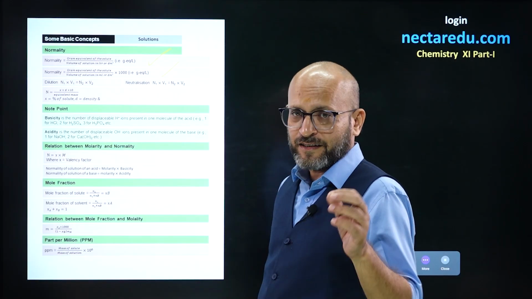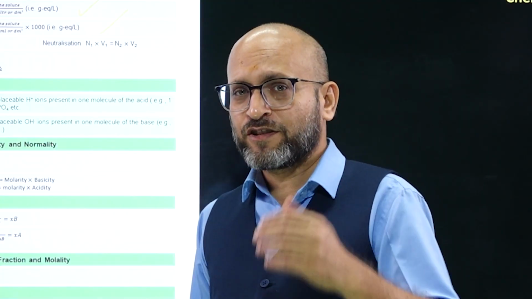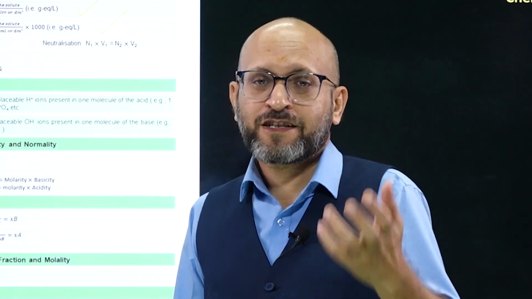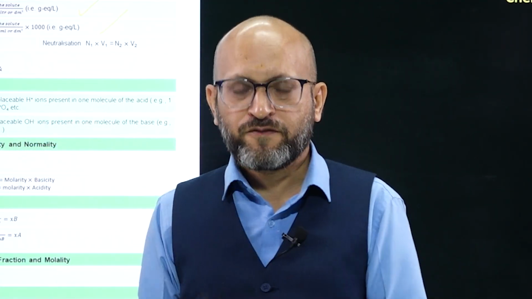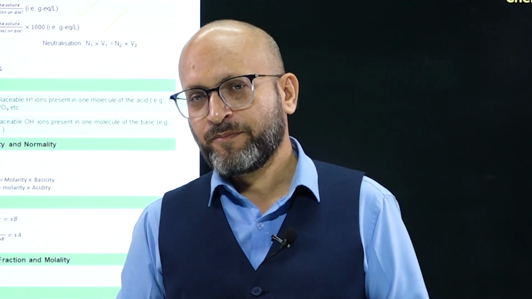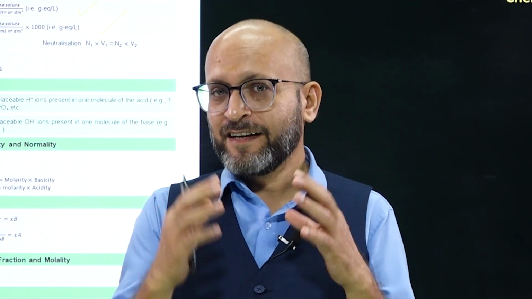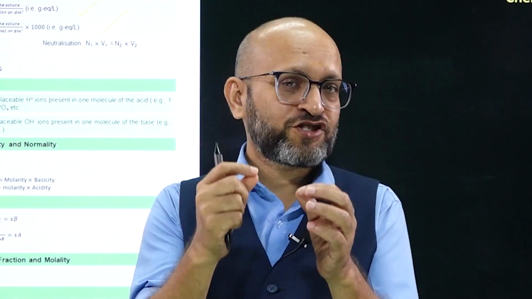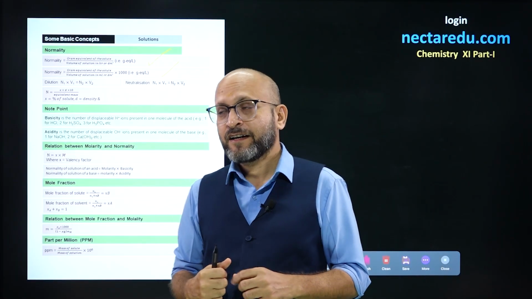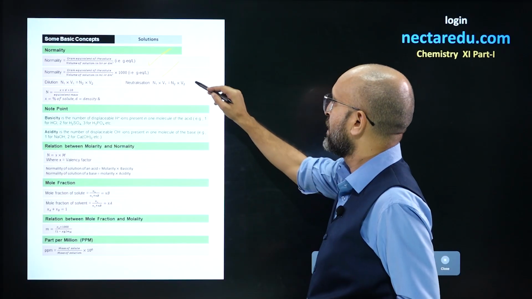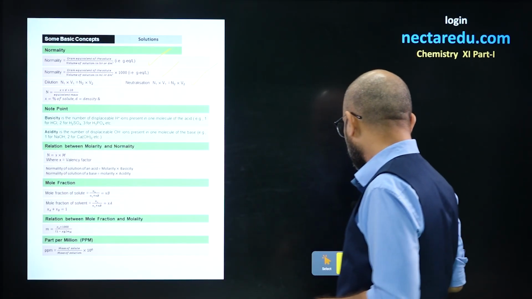Then you get a relation for the calculation of, let's say a question is asked, for complete neutralization of so and so much amount of acid, how much amount of base will be needed? Then that means neutralization applies over here. And what is the formula for that? The formula for neutralization is N1V1 equals N2V2.